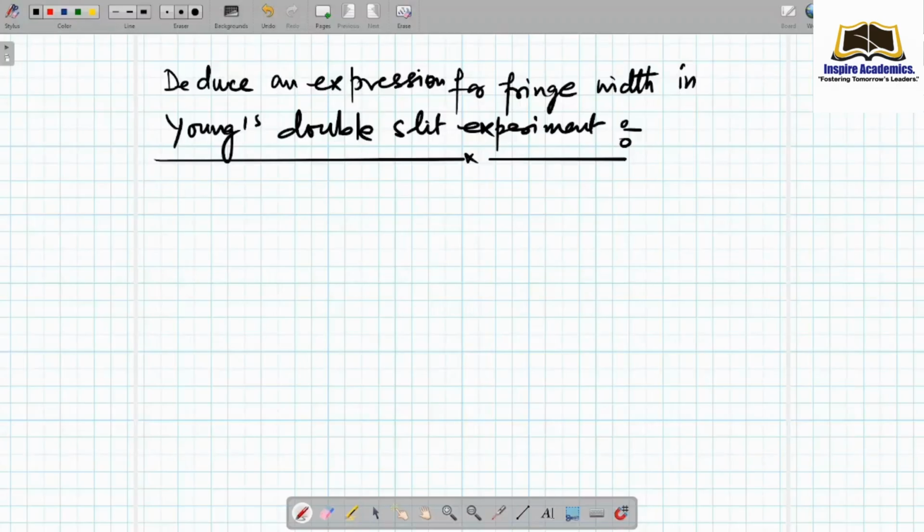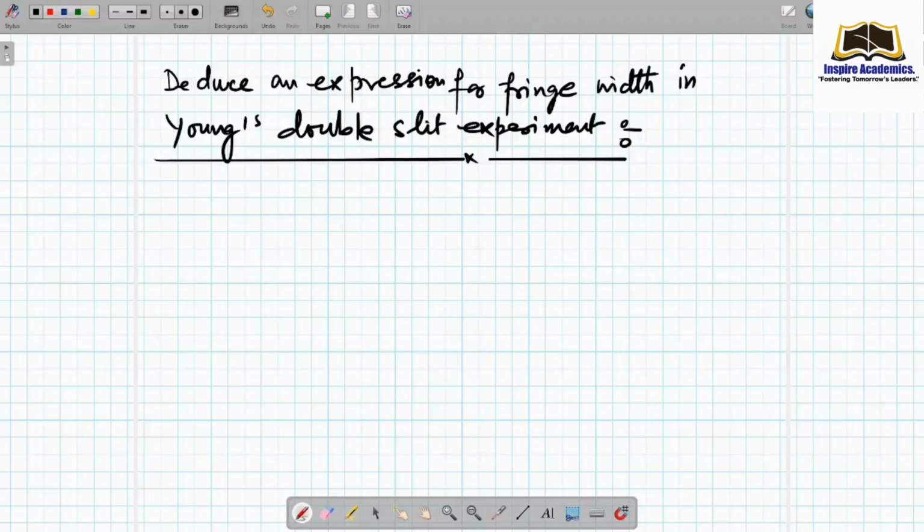So just for those who possibly are not on the same page, let me repeat that two sources are said to be coherent when both of them have a constant phase difference and are moving with the same frequency as well as the same velocity. Okay, clear? This is called coherent sources.